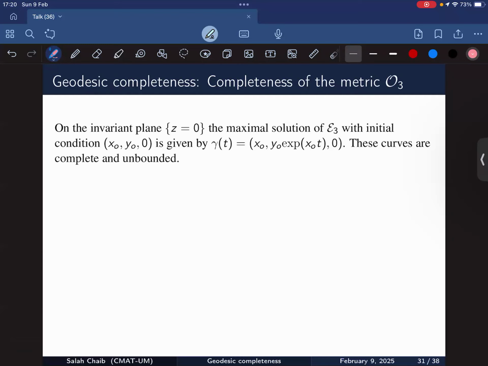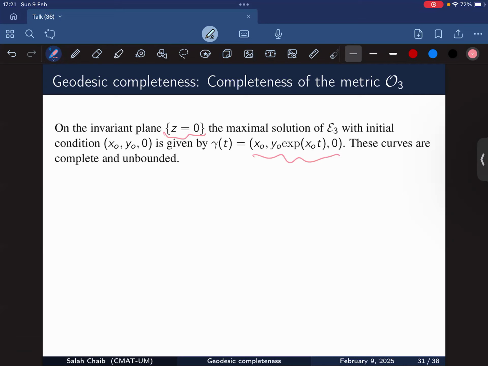So for O3 we do exactly the same, but here the difference is that in the invariant plane, the geodesic vector field is unbounded. You see here the solution is exponential, so it's unbounded. For the other one, all the solutions were bounded.